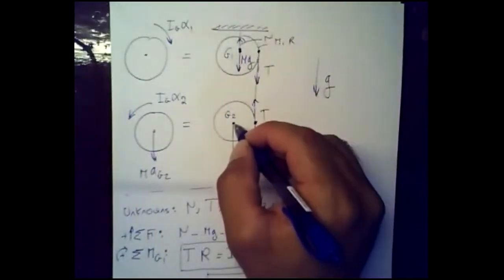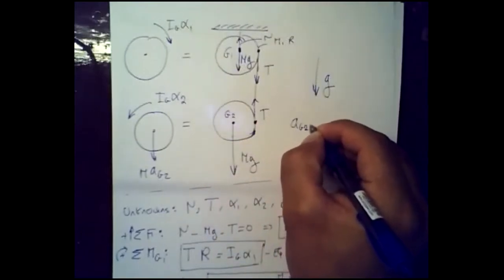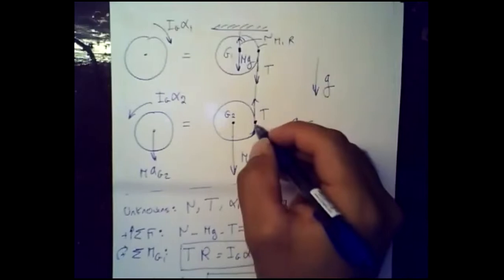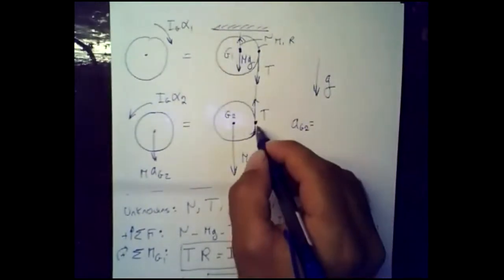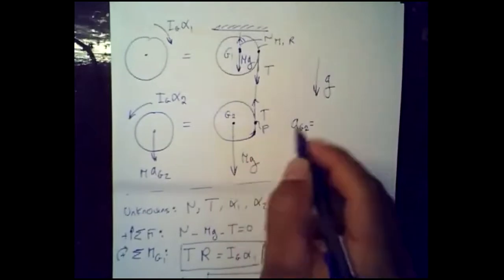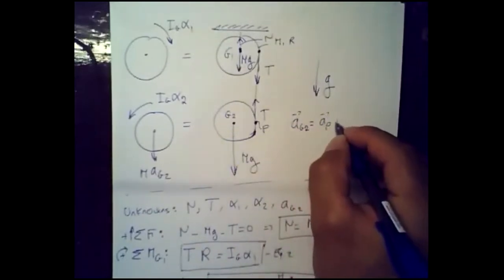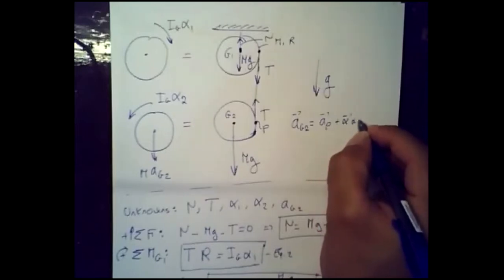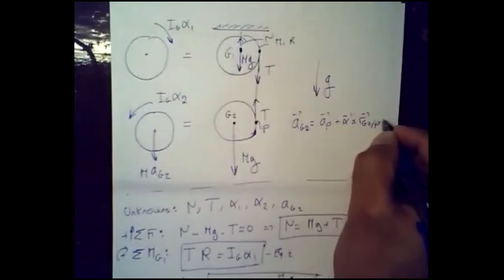Okay? Now, what is the acceleration of point G2? If we use that point, we can just apply theory right now. If we call that point P, I can say aG2 is equal to aP plus alpha cross r G2 with respect to P minus omega squared.